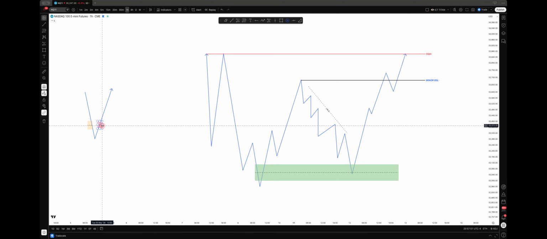Why sell side inefficient? Because sell side didn't happen, so there is no price that did this. If there were, it would be sell side efficient, and that might not create a fair value gap. There would be no gap if there is a wick.